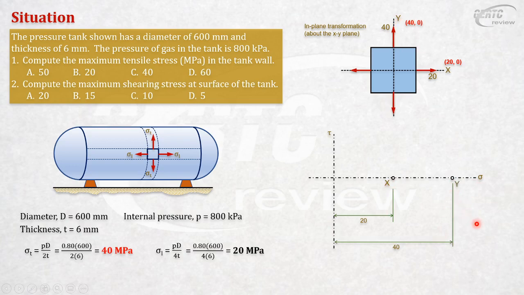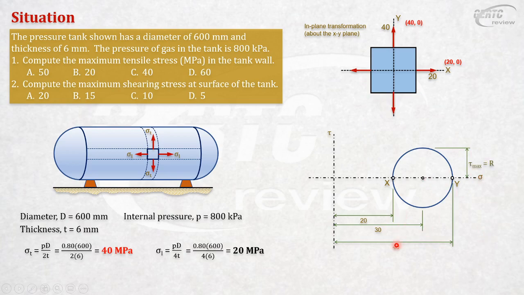Okay. So this is your Mohr circle. Obviously, the diameter of the circle is 20. The center is here. The center is obviously in the middle. The average of 20 and 40 is 30. So the maximum in-plane shearing stress is this, and that is equal to the radius of the circle.